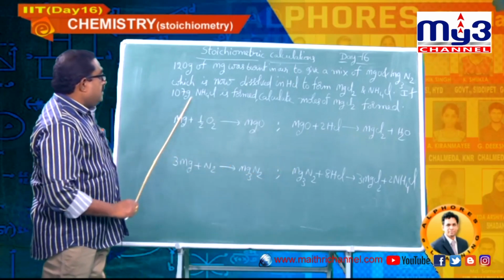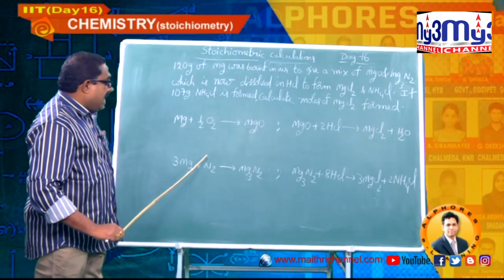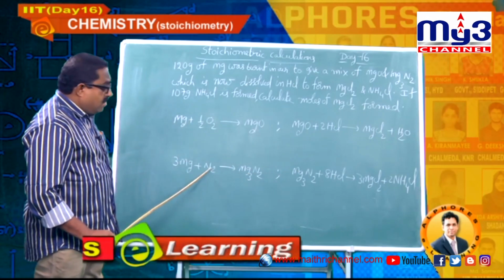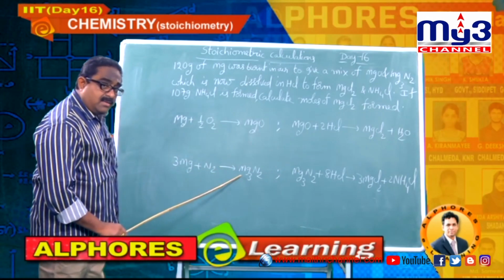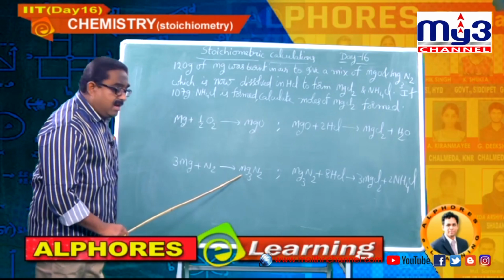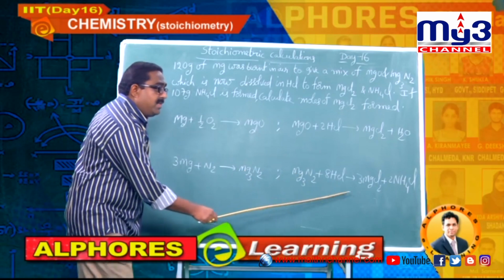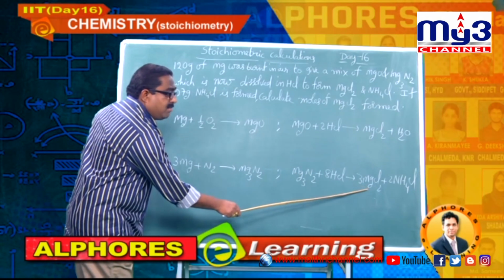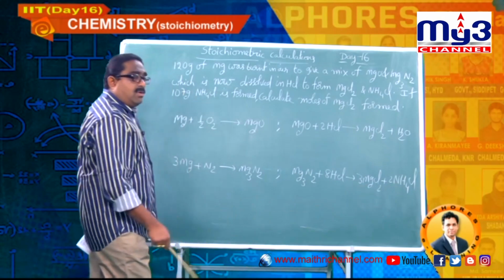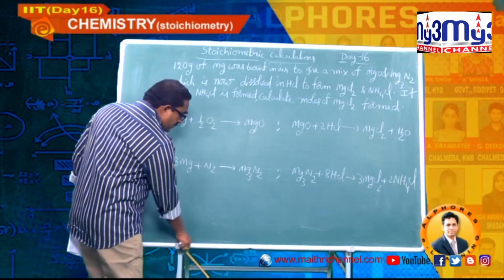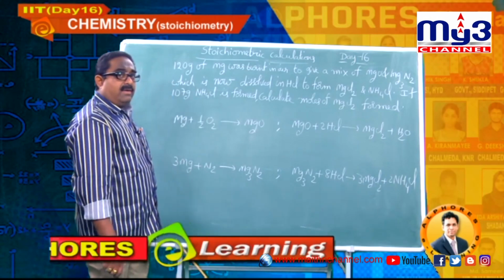At the same time, magnesium also reacts with nitrogen, forming magnesium nitride. Sequentially, again it is also dissolved in HCl to form a mixture of magnesium chloride and ammonium chloride. Please write down the equation, students.